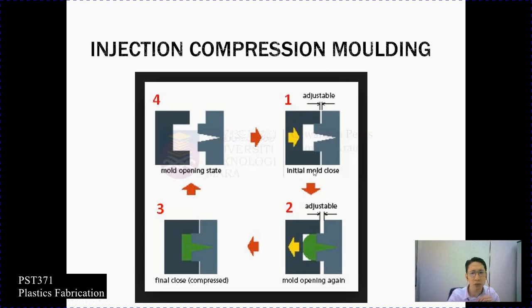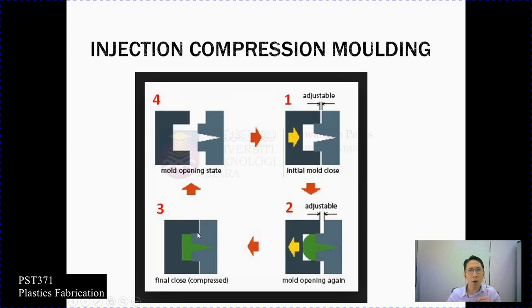Then you introduce the injected material into the cavity, and you apply pressure to compress the molten polymer into the cavity, and finally you open and release the part.